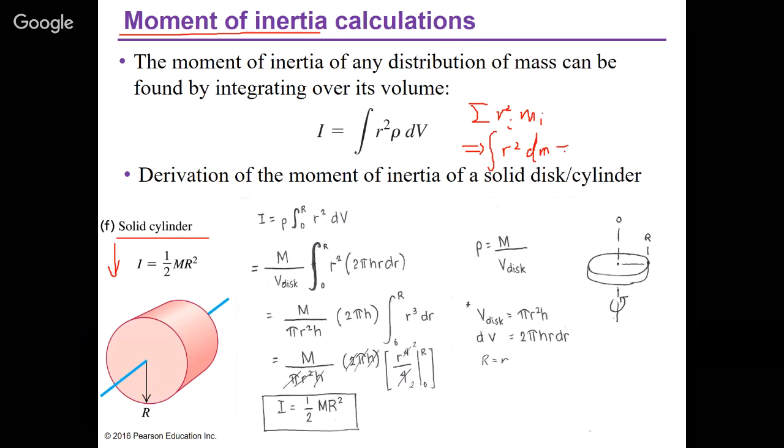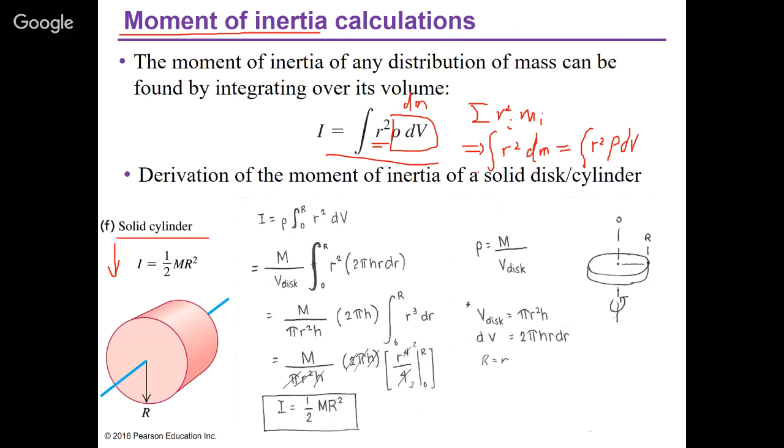Okay, and the dm here would be the density at this point times the volume dv. That's basically this equation, right? This term here, rho times dv, is basically dm, and it is multiplied by the distance of this little volume, how far it is from the axis.